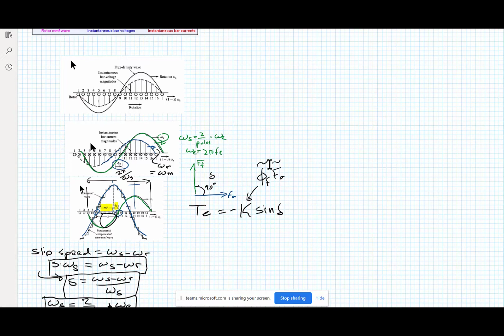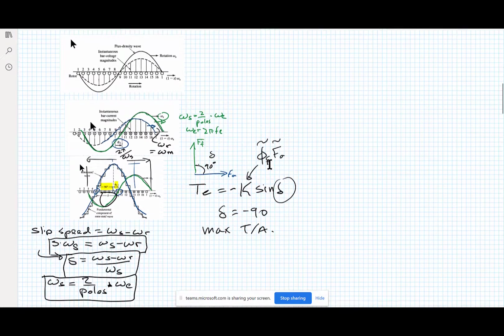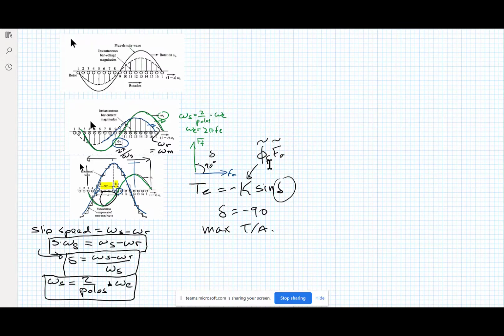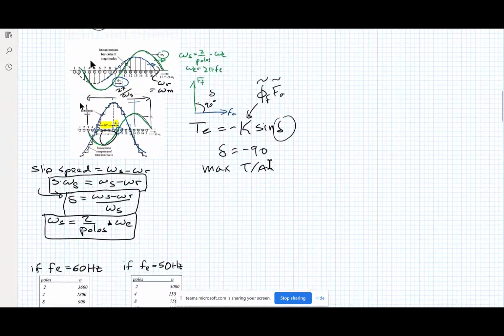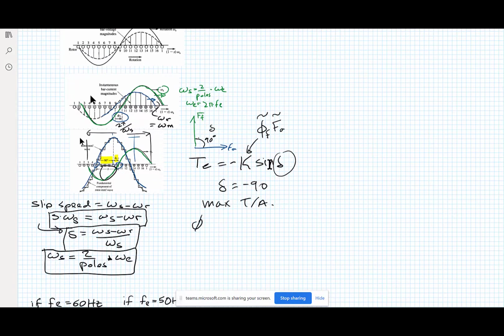And so being a motor, if you could have del equals negative 90, you'd have max torque per ampere. But you can't get there because of this little angle. Now this angle, phi 2, relates to the rotor leakage inductance.